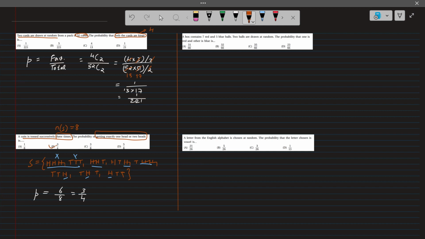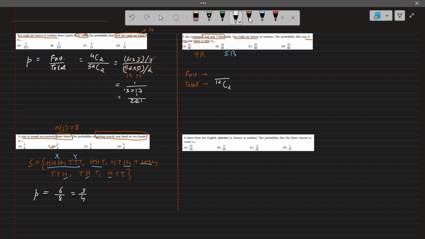Next, a box contains 7 red and 5 blue balls. 2 balls are drawn at random. The probability that one is red and other is blue. So to find the value, first we'll find the total, and that is total we have 12 balls, out of which we have to select 12C2. In the numerator, we'll find the favorable outcomes.